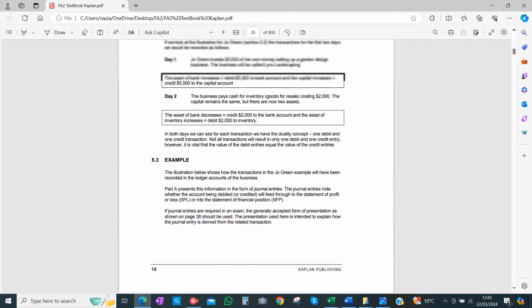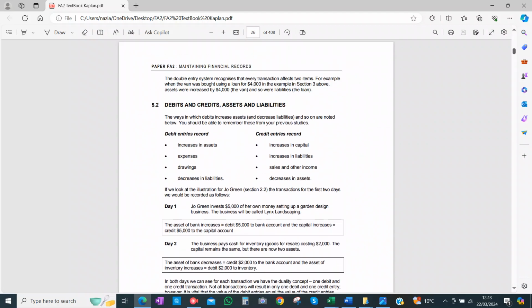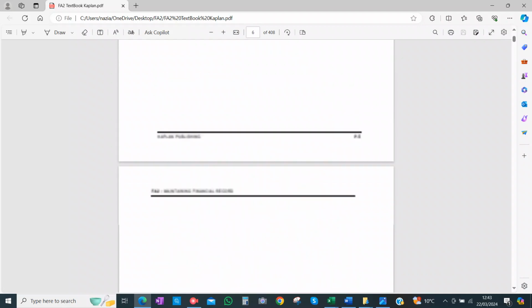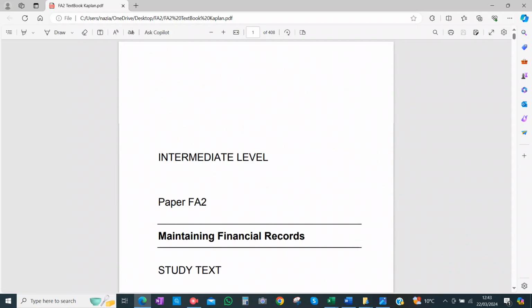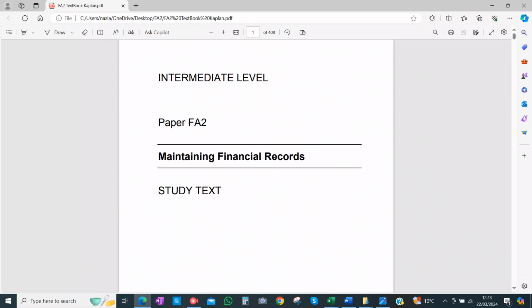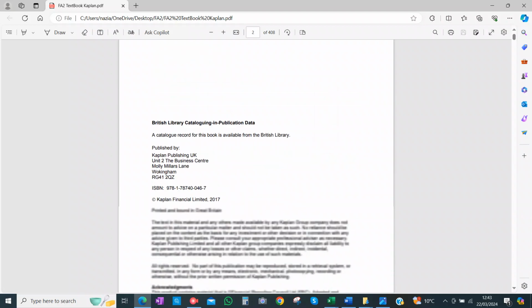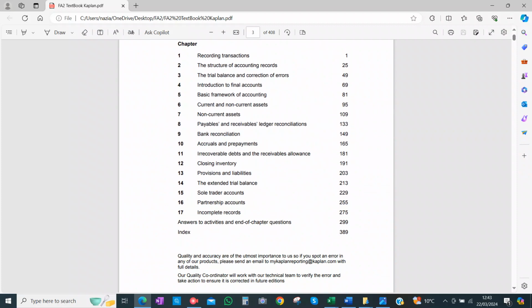The book I'm using is Recording Financial Transactions, and I am following the syllabus from the Association of Chartered Certified Accountants UK, Glasgow, and the title of the book is Maintaining Financial Records. We call it FA2.